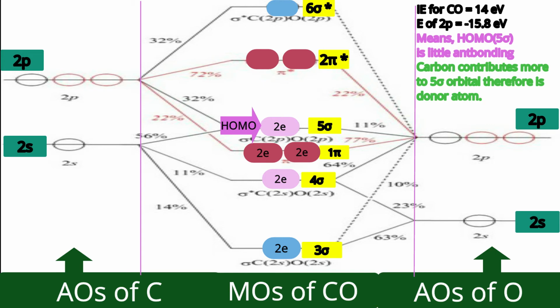But overall, if we see all the orbitals of the molecule, then the anti-bonding of 5 sigma and the bonding of 4 sigma get cancelled, leaving only the 3 sigma orbital as a bonding sigma orbital and the 1 pi orbital as a bonding pi orbital. Because of 2 electrons in the 3 sigma orbital, we get one bond, and because of 4 electrons in the 1 pi orbital, we get 2 pi bonds. Hence, there are 3 bonds in carbon monoxide, 1 sigma bond and 2 pi bonds.